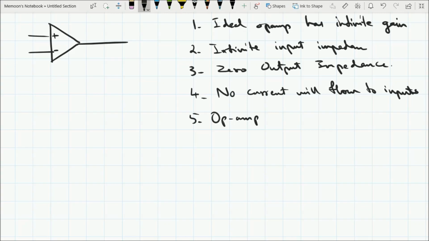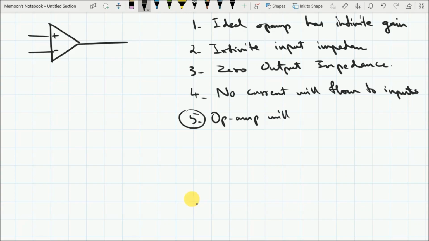But if we don't have any link developed between the output and the inputs, it cannot implement that general operation. So in case of open loop, this rule number 5 will not be applicable, but we will see in which cases this rule number 5 will be applicable.